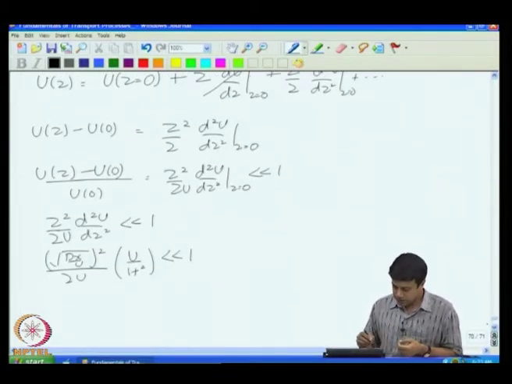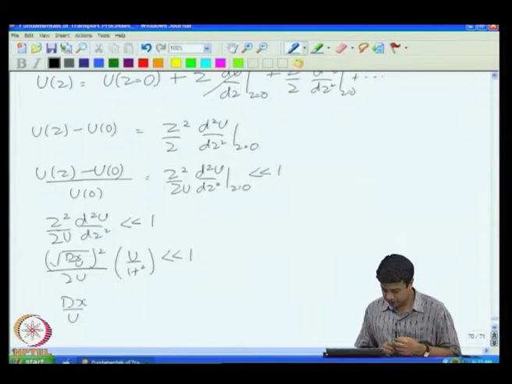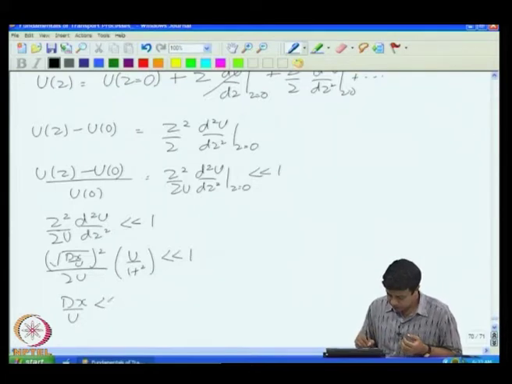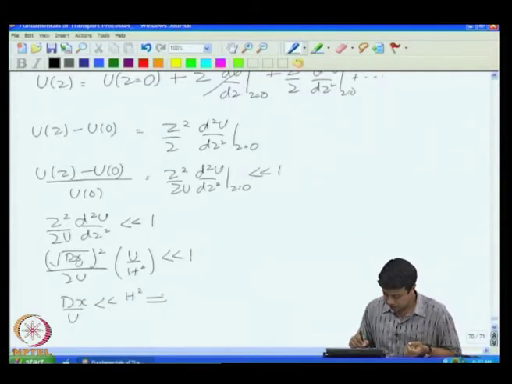So, putting all this together, we get dx by u has to be small compared to h square, or x by h has to be small compared to uh by d.